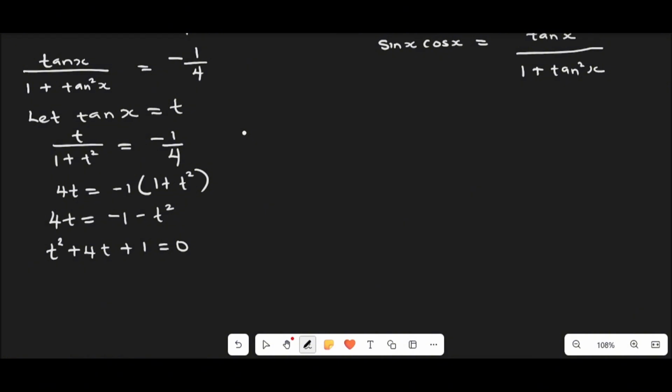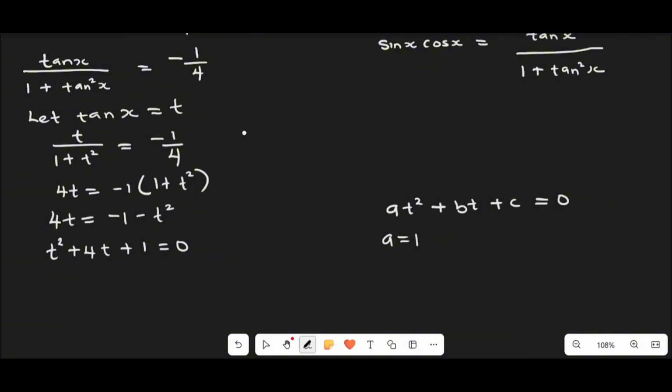I want you to recall the standard form of quadratic equation, which is a t square plus bt plus c equal to 0. If you compare this equation with this equation, here the coefficient of t square is 1. So our a is 1. A equal to 1. Here the coefficient of t is 4.